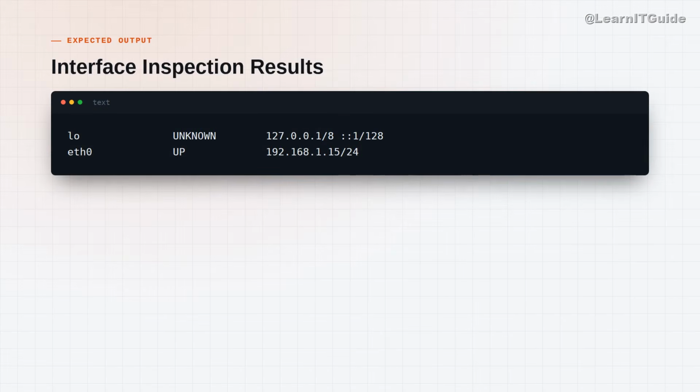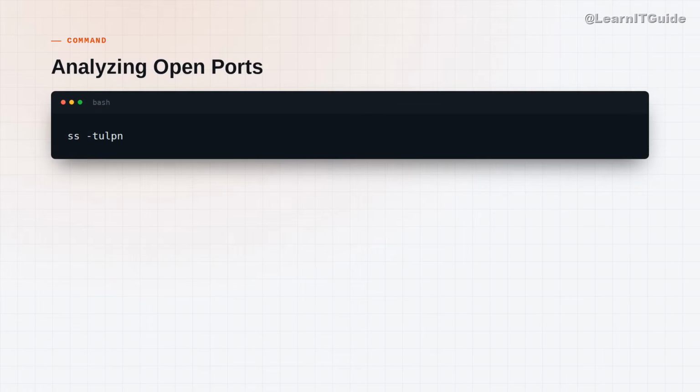On screen, you see the output of the brief command. Notice how it shows the loopback and the primary Ethernet interface clearly. This is exactly what you want to see when you are logging into a server for the first time to verify its network identity.